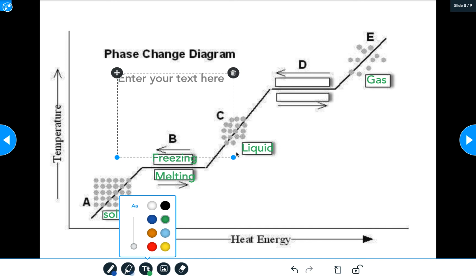Okay, now what happens when we're going from a liquid to a gas or a gas to a liquid? So when you put a pot of water on the stove and crank up the temperature, what eventually happens? It starts boiling. All right.